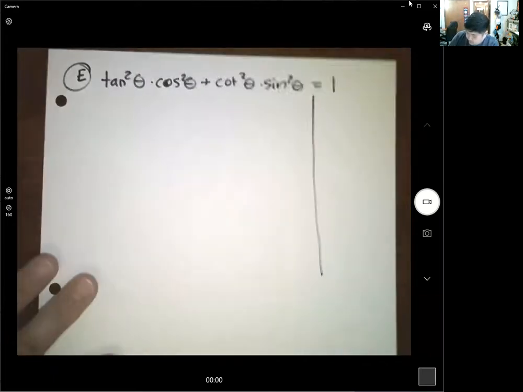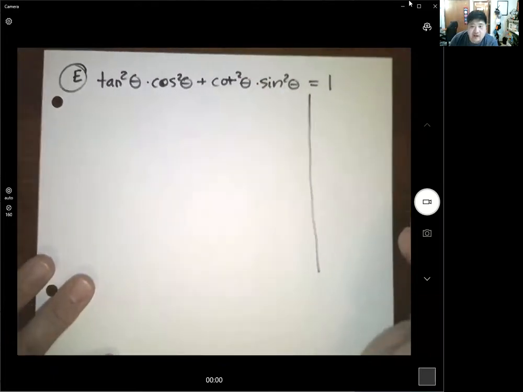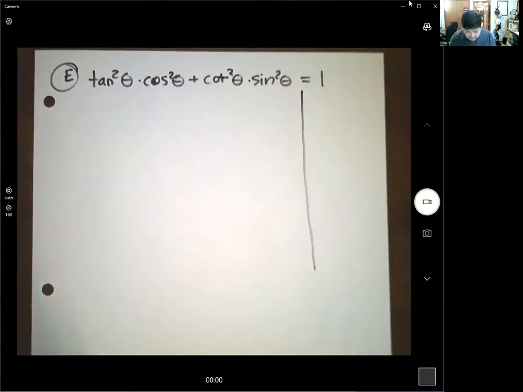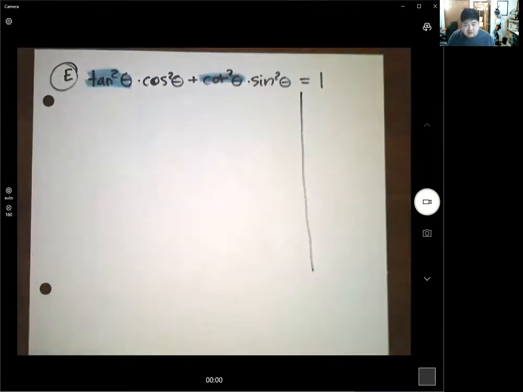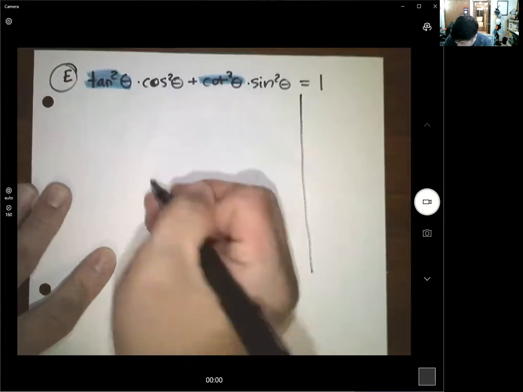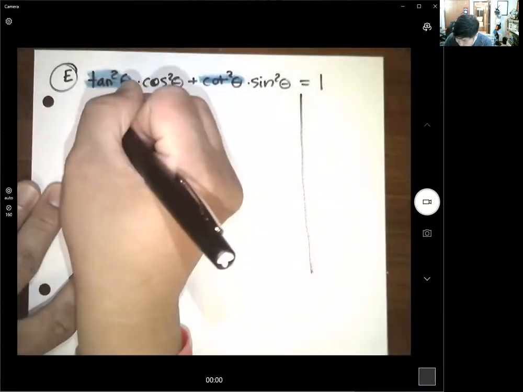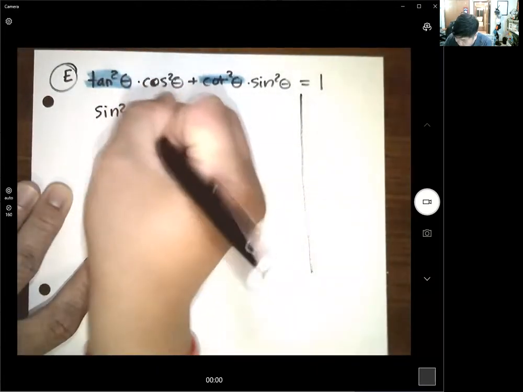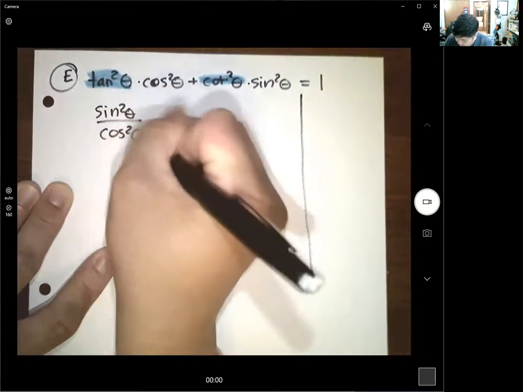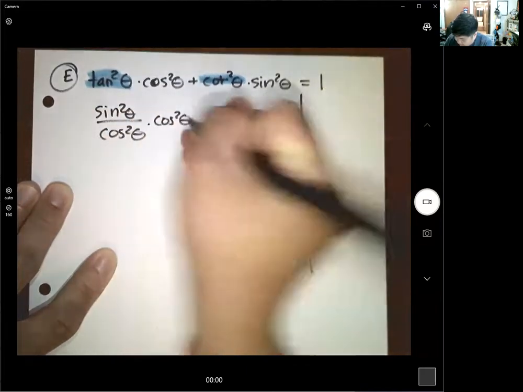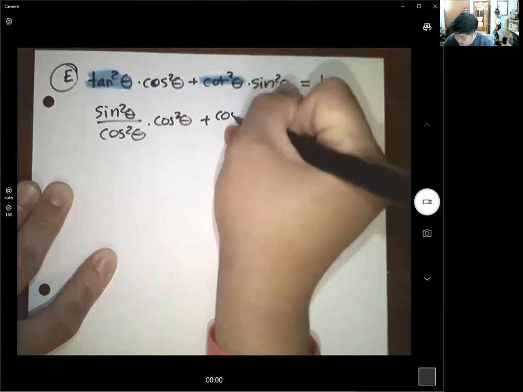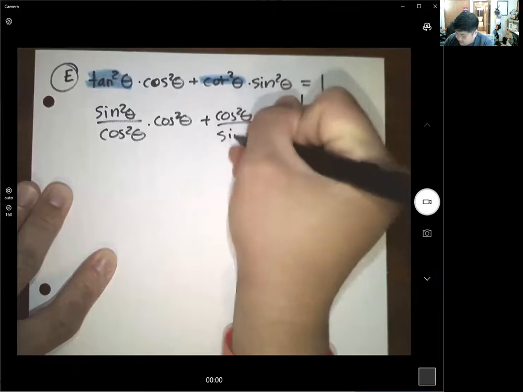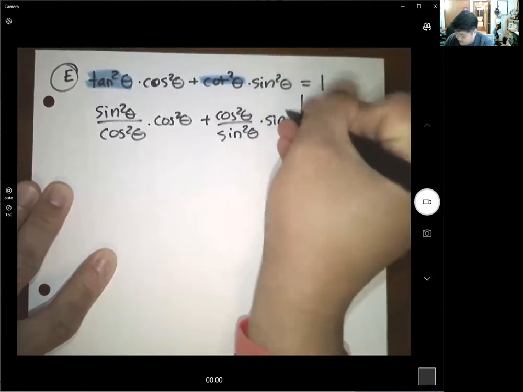All right, so I am going to start by changing all of the functions to be in terms of sines and cosines. So I have a tangent here and a cotangent here. Tangent squared theta is sine squared theta over cosine squared theta, then times cosine squared theta, and then cotangent squared theta will be cosine squared theta over sine squared theta times sine squared theta.